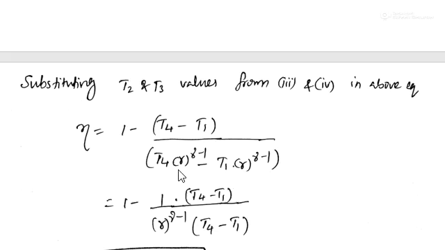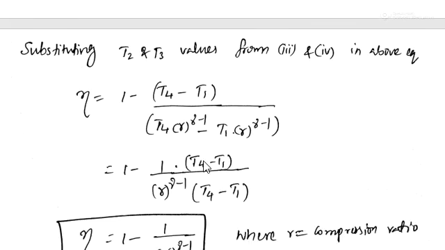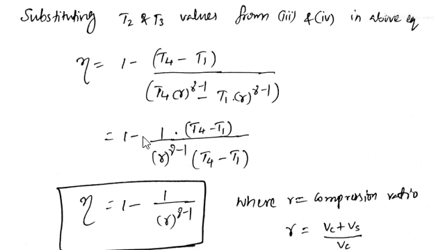In the denominator we can take R to the power gamma minus 1 common and write it outside, so it is 1 by R to the power gamma minus 1, and the numerator remains T4 minus T1. Since the numerator and denominator terms are the same, you can cancel them. The remaining term is 1 minus 1 by R to the power of gamma minus 1.